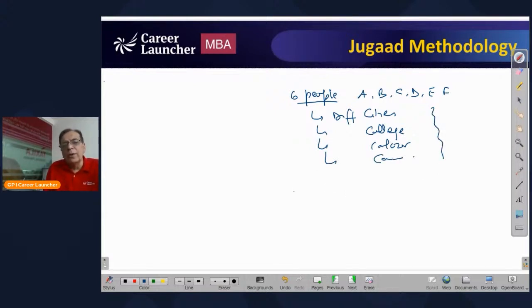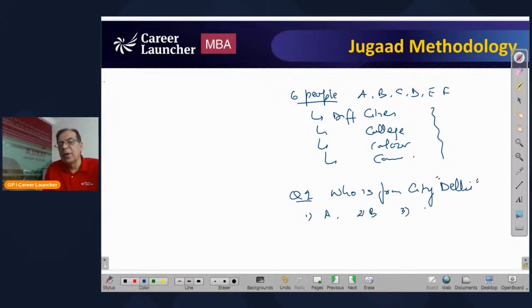Now, when you go to the question, the first question says, who is from a city, let's say Delhi? Who belongs to the city of Delhi? And the answer choices are A, B, C, and D. These are the 4 answer choices, let me assume. Now, this is giving me some important information.